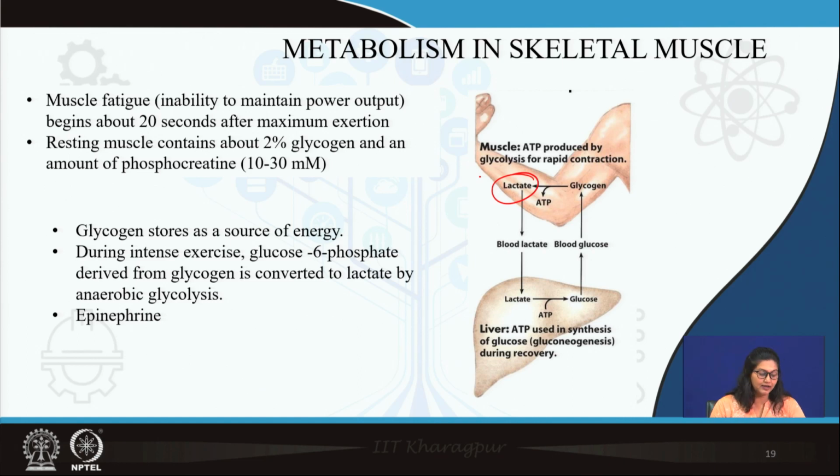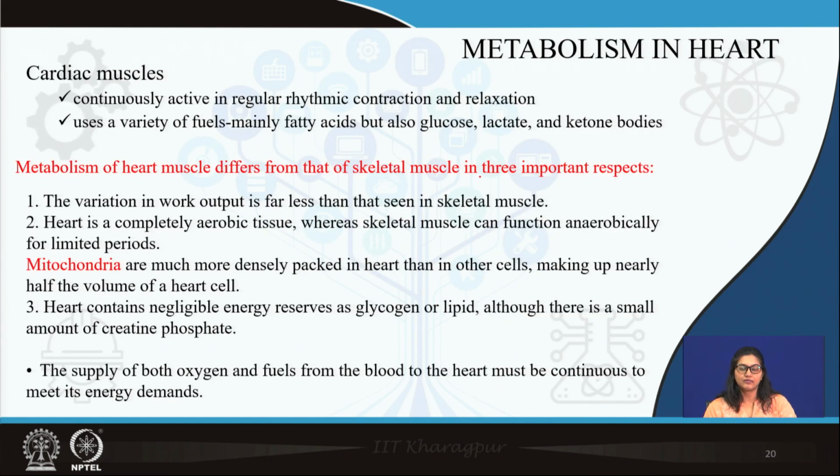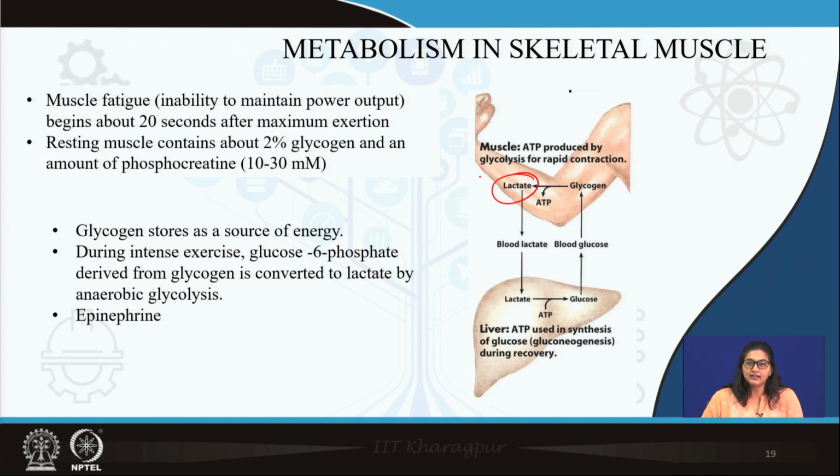It is described by the Cori cycle. In the Cori cycle, as we have discussed, lactate formed during anaerobic glycolysis comes back to liver. In liver, lactate once again forms glucose via gluconeogenesis, and glucose is then circulated back to skeletal muscle, and this glucose forms glycogen once that intense exercise phase is done.